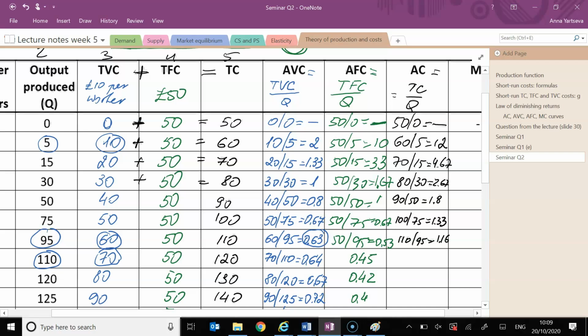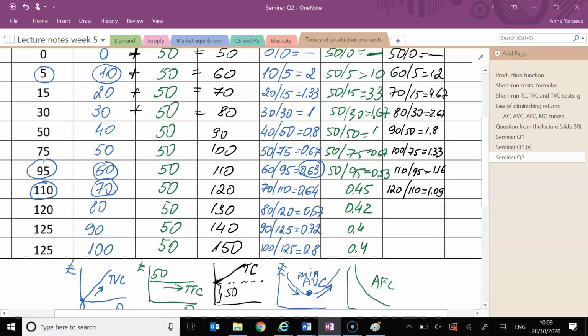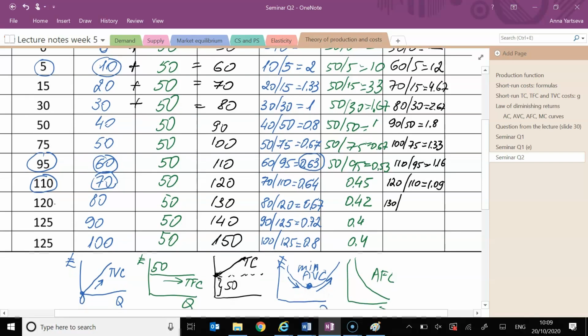Next, 120 divided by 110, which is 1.09, and so on. 130 pounds spent to produce 120 units, which is 1.08, and so on. 140 by 125, which is 1.12, and the final one, 150 divided by 125, which is 1.2. What you can also do, have a look.